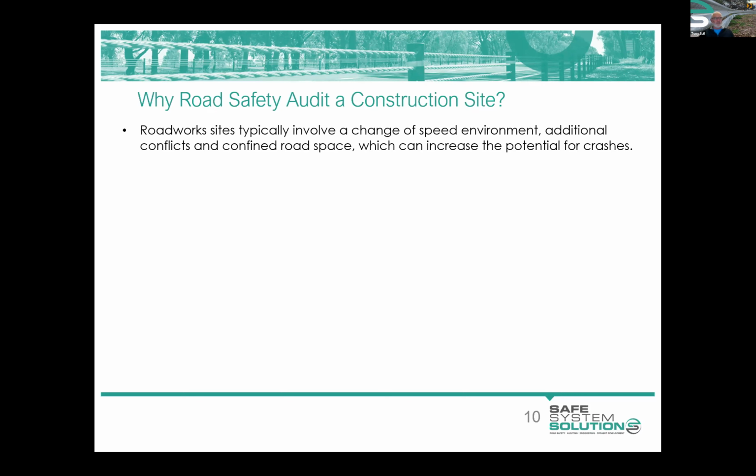So we've got to make sure that what has been put out onto the road to manage all of what I just mentioned is not going to actually increase the potential for crashes, that we're actually going to create a safe environment for people, that they are advised of what's going to happen. They're guided through the site to ensure that they get through without conflicts with the road working crews or the machinery.